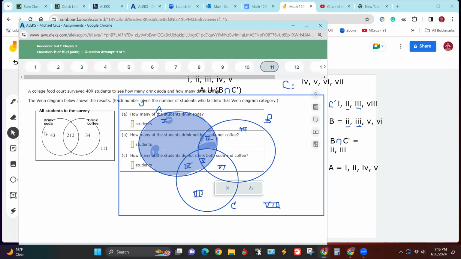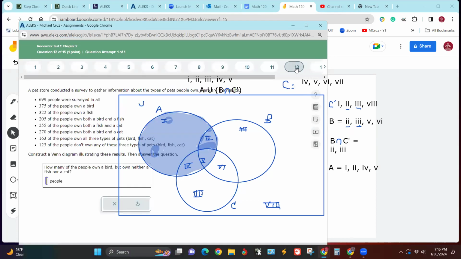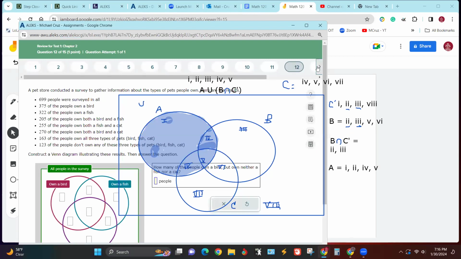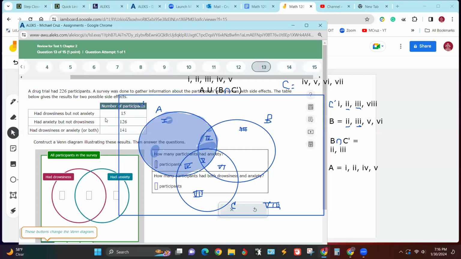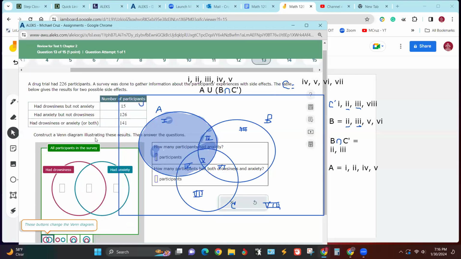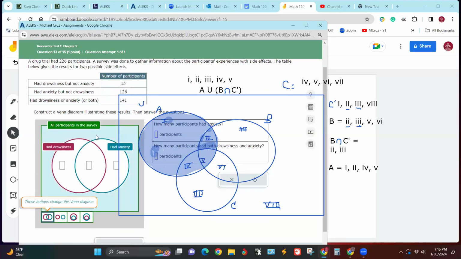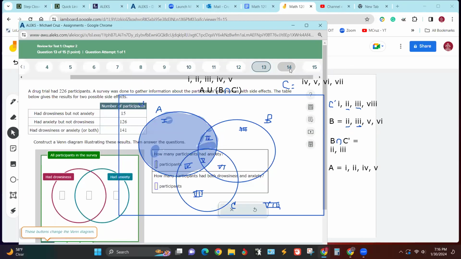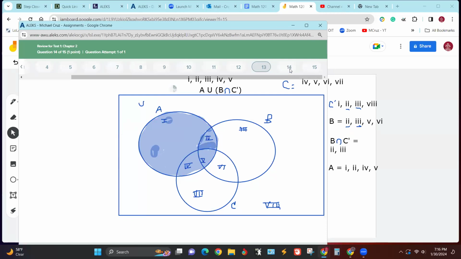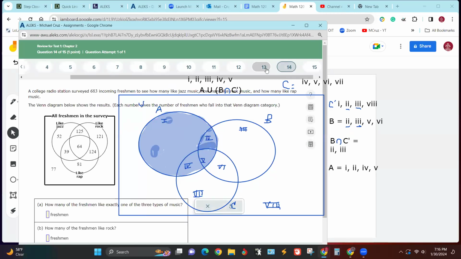It's already done. It's a 2-set Venn diagram. This one is the 3-set we just did. I don't mind doing another one if you want. Is anybody on with that one? We've got to do it from scratch if we do it. Can we do that one? Yeah, let's do that one too.